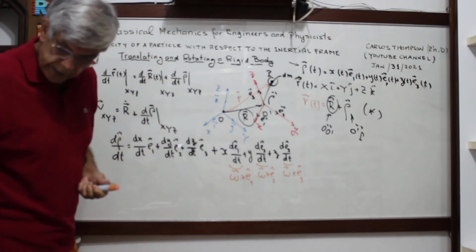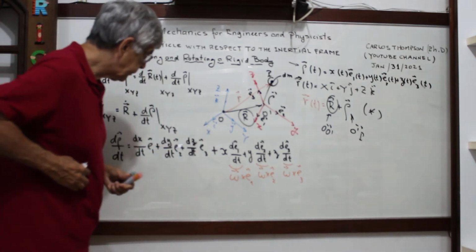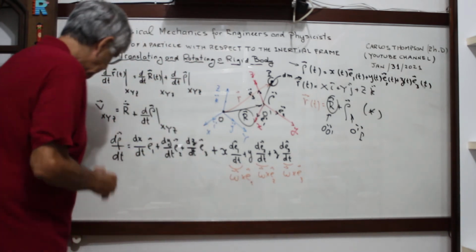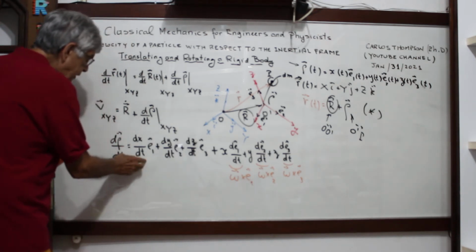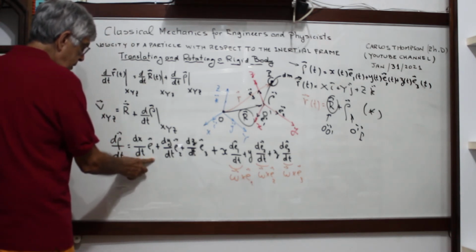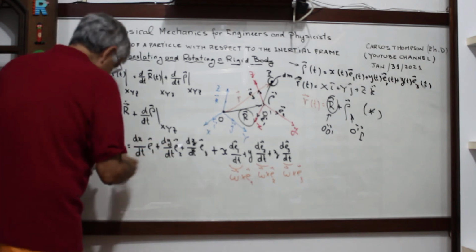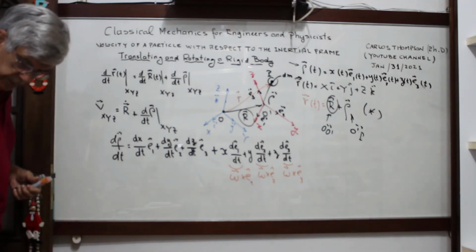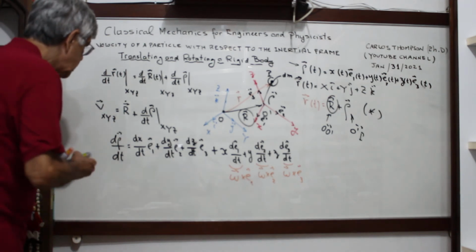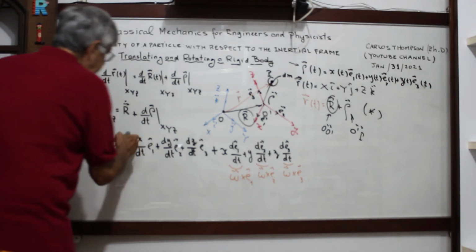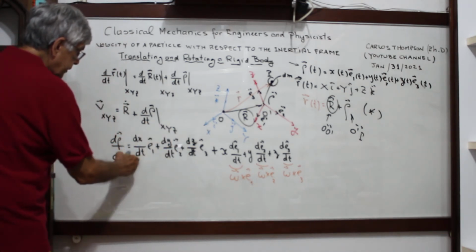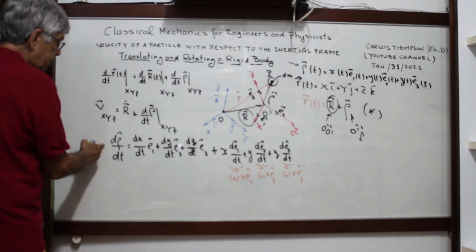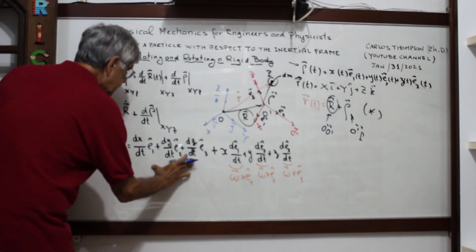So I could write this as x dot E1, y dot E2. What does that mean? These are the derivatives of the components of the vector rho, partially fixed.